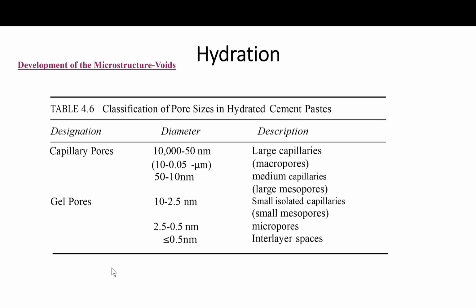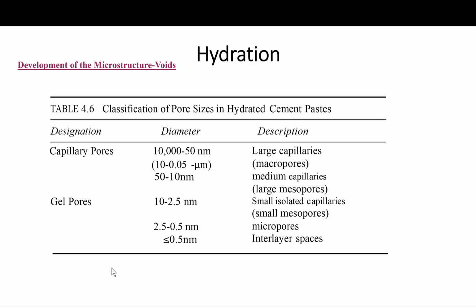A classification of the porosity in cement pastes is shown here in this table. It can be seen there is an enormous range of pore sizes from 10 micrometers to less than 0.5 nanometers.